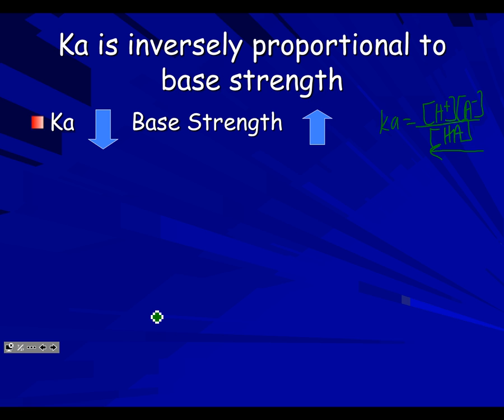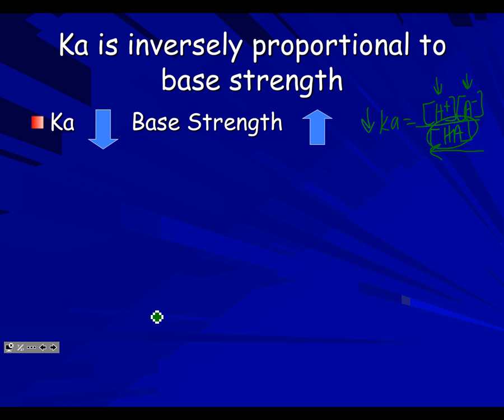So this number right here is going to be a lot bigger than these numbers. Well, when your denominator is bigger, that means your Ka gets smaller. So it all comes back to looking at that equilibrium expression. You can remind yourself by looking at it how the Ka gets smaller. As the Ka gets smaller, the base strength gets stronger.